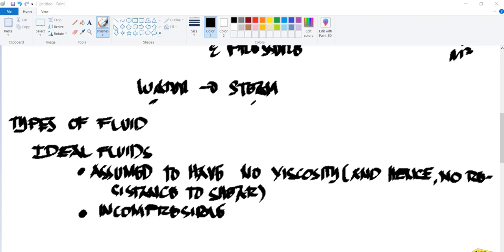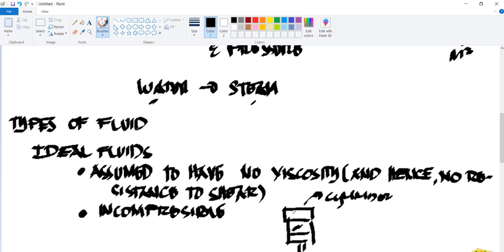Then we have incompressible. When we say incompressible, that means it cannot be compressed. For example, you have a piston in a cylinder arrangement. You have here your cylinder, and here your piston, and the fluid is here.